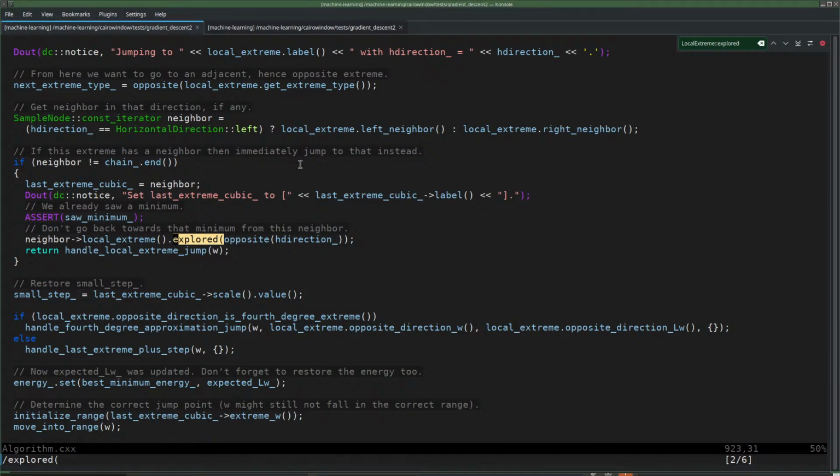Just wait a minute. Left, left. So each direction is in the direction of that neighbor. And then the neighbor is marked, it's explored in the opposite direction. Yeah, this should be good.